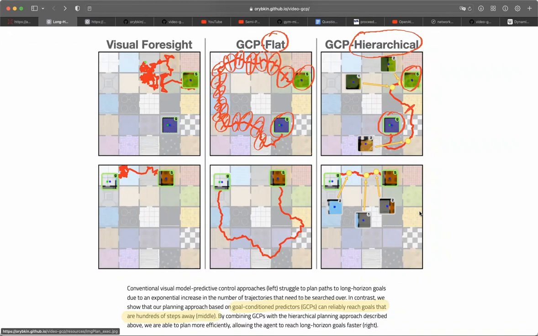So in other words, it recursively halves the trajectory by predicting middle point sub-goals until we have a smooth sequence of states between start and goal. So both flat and hierarchical goal-conditioned predictors can produce a sequence of sub-goals between start and goal states. However, the hierarchical one has the potential to produce trajectories with a lower cost than the flat one.